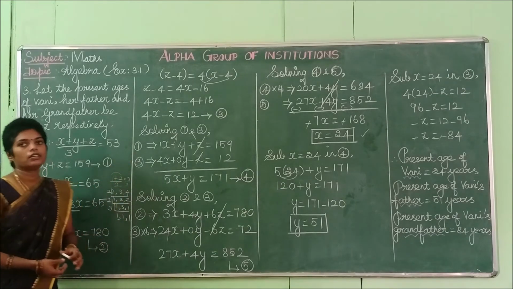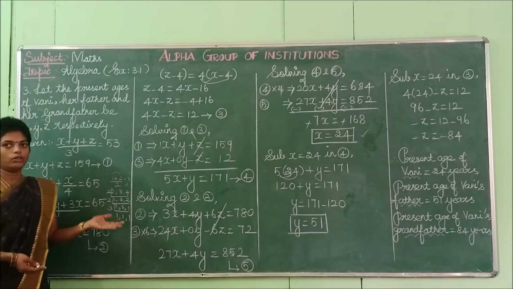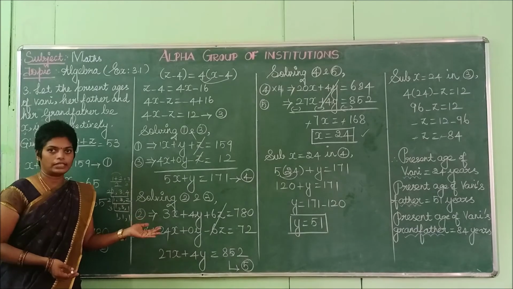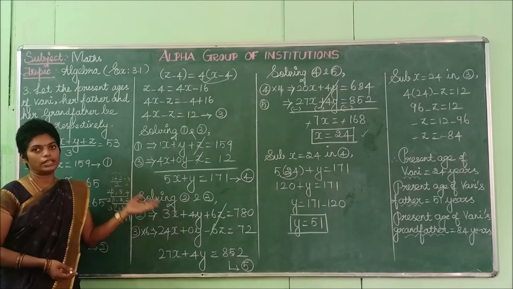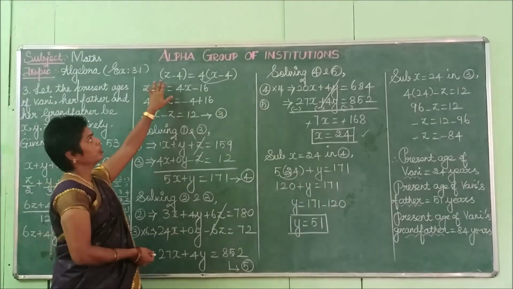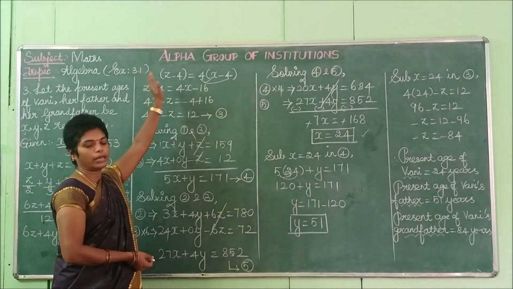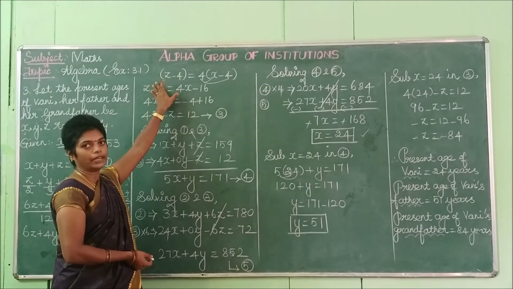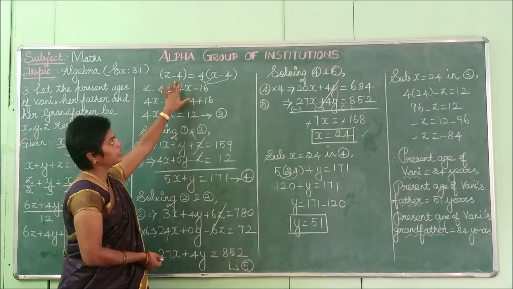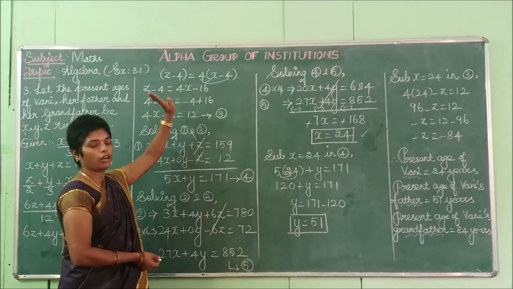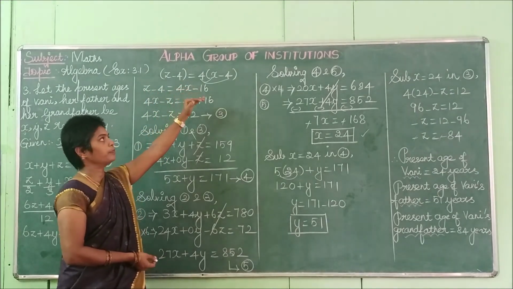At last, the third: 4 years ago, Vani's grandfather's age is 4 times Vani's age. So you have to arrange it. 4 years ago means you have to subtract 4 from both terms. So z minus 4 equals 4 times x minus 4.